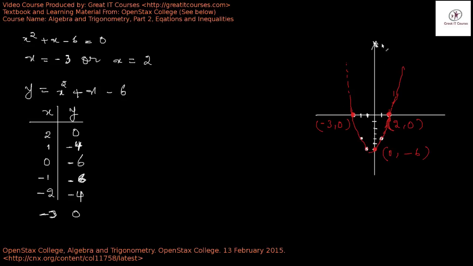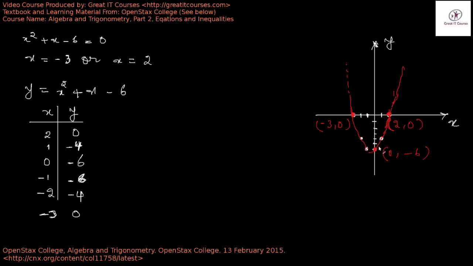And let me write y here and x here. So now if you look at the solution set that we found here, I found x is equal to -3, which is this point, -3 on the x-axis, and I found x is equal to 2, which is this point over here on the x-axis.